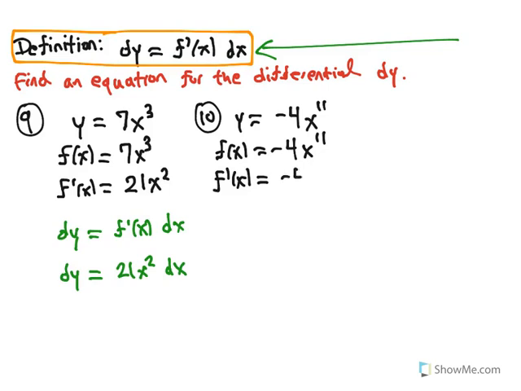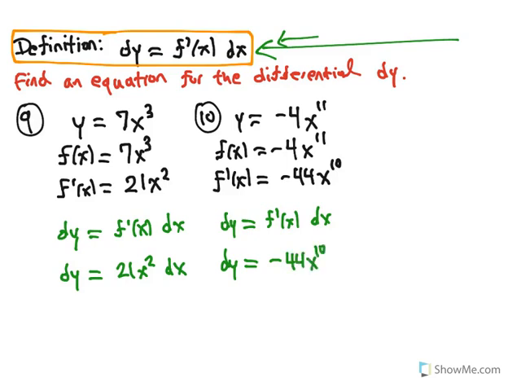So you'd have negative 44x to the 10th. And if you want to find dy, here's all you've got to do. You're going to do f prime of x dx by definition. So all you have to write is dy is equal to negative 44x to the 10th dx.